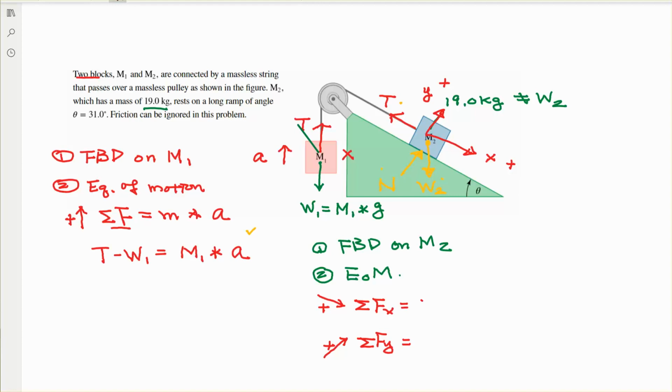I know it's going to be mass times acceleration. This mass is the mass 2, because I'm looking at the second mass. And this will move with an acceleration. What about y?